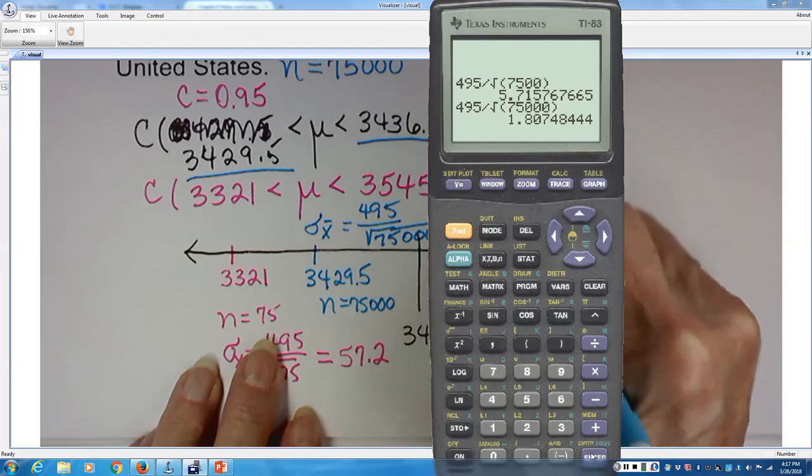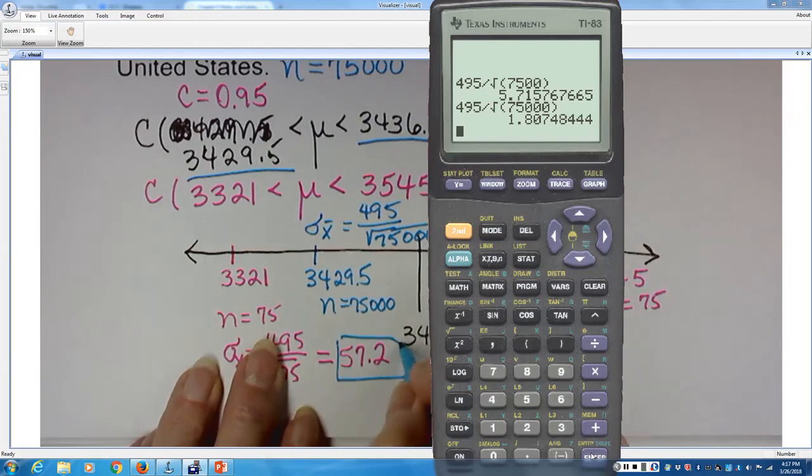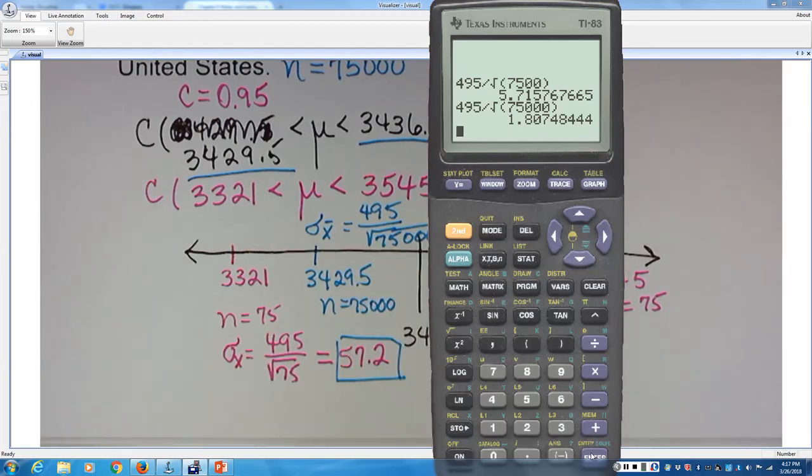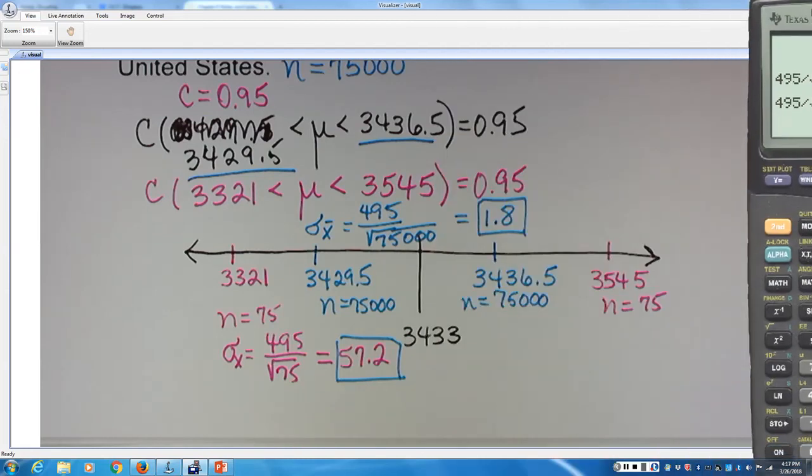So when you compare those two numbers, sample size has a lot to do with it. .8 is a whole lot smaller than 57.2. Okay? That's what made the difference in the intervals, was your sample size.